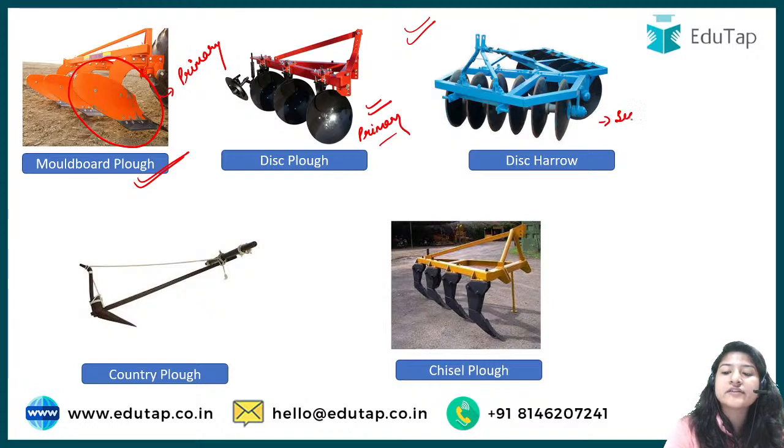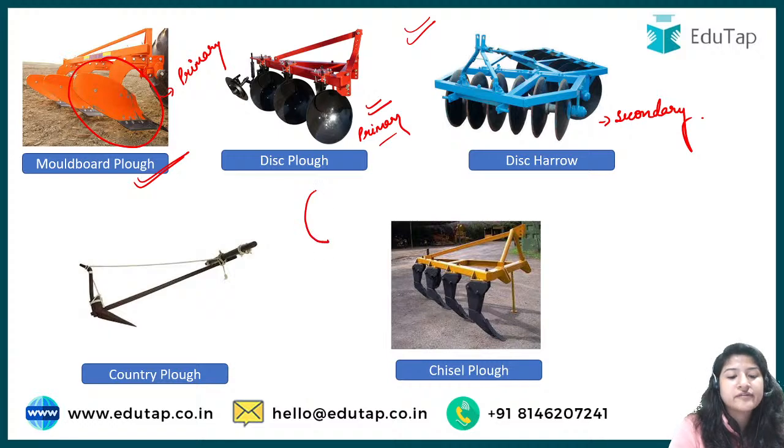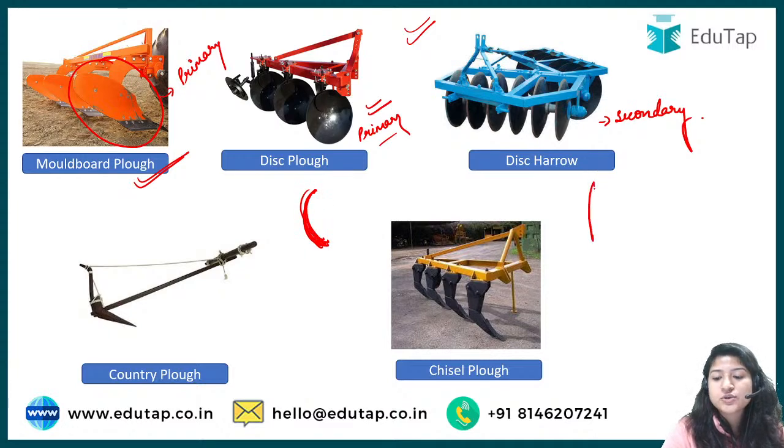Now we'll look at the difference. Purposely I have given this question so that you can understand the difference as well, if you read afterwards, right? In this disc plow, you can see that there is depth. It's kind of concave, right? So it can extract soil with this particular shape. While if you go for disc harrow, it's straight.